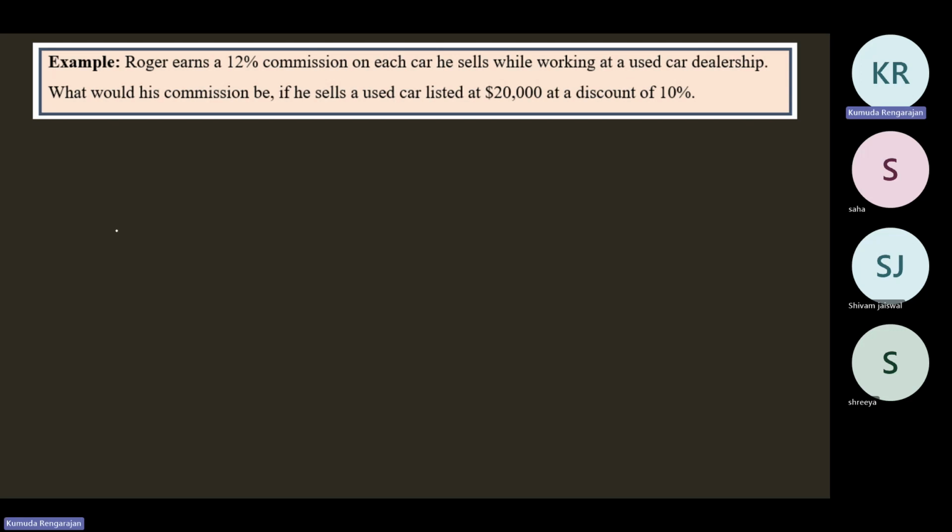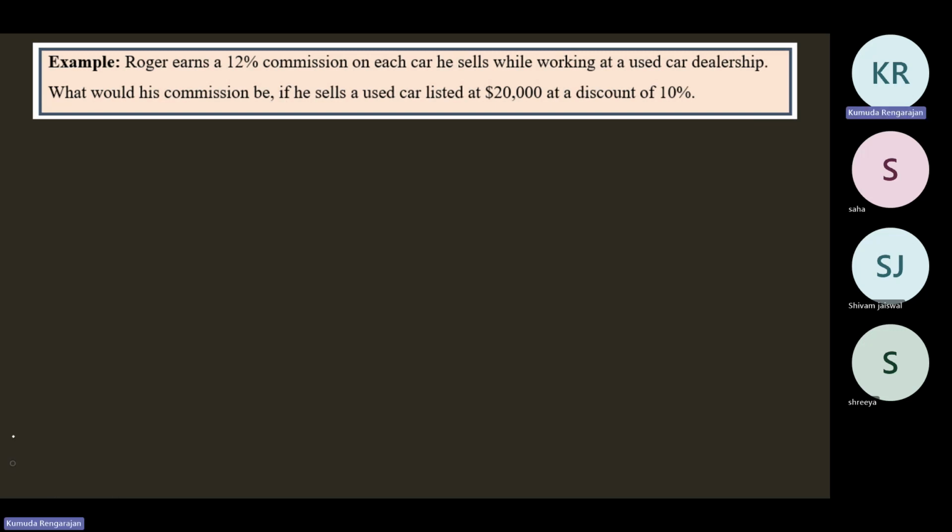So Roger earns a 12% commission on each car he sells while working at a used car dealership. What would his commission be if he sells a used car listed at $20,000 at a discount of 10%?